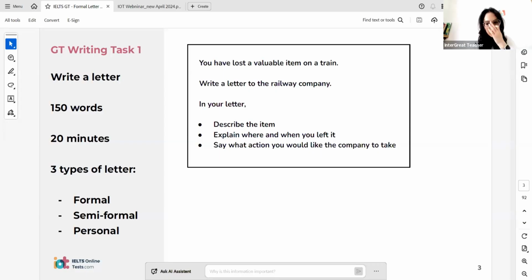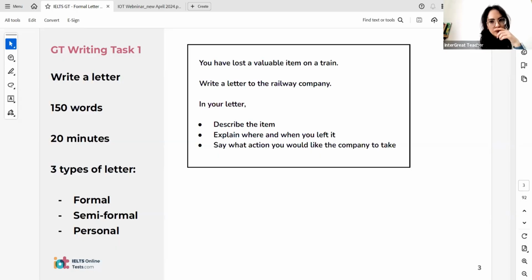Okay, good. And what requirements, like how many paragraphs do you think we need to write? We need three.